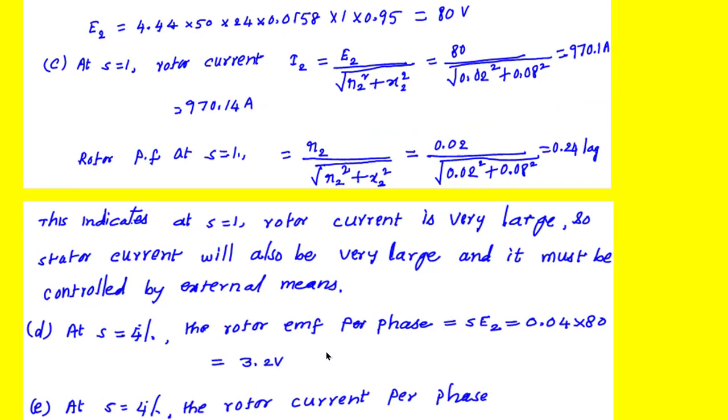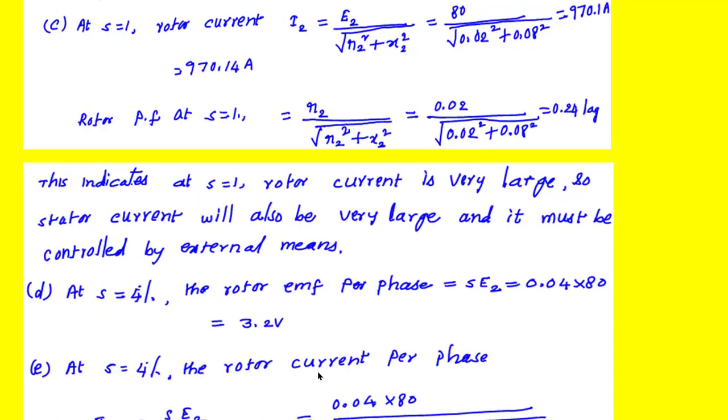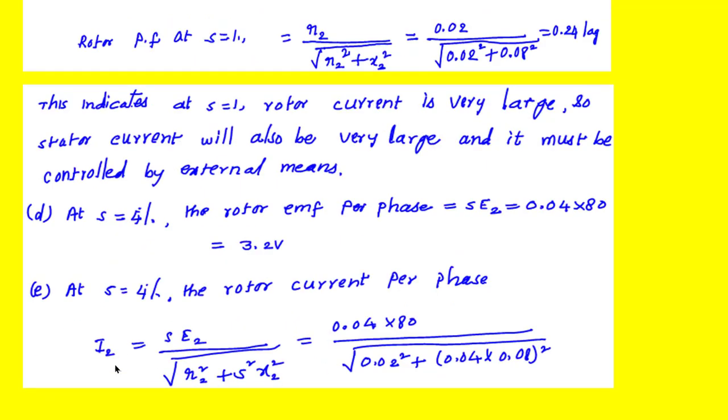Similarly, at the same slip of 4%, what is the rotor current per phase? That is also given by I2 is equal to S E2 divided by root of R2 square plus S square X2 square. All the values are given. S is given, that is 0.04 into 80, divided by root of 0.02 square plus 0.04 into 0.8 whole square.